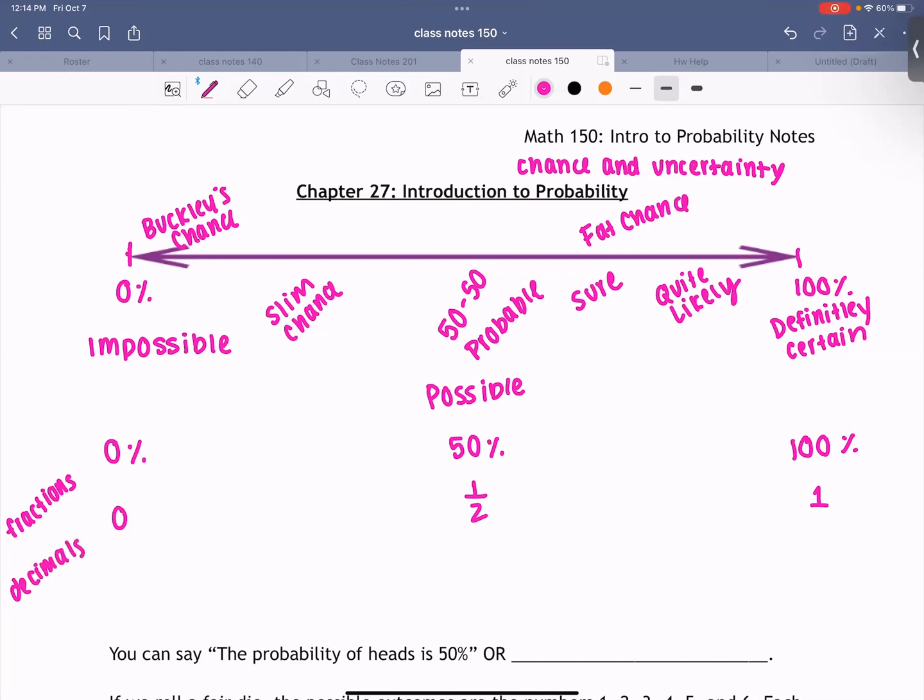What's 0 as a decimal? 0. What's a half as a decimal? 0.5 or 0.50. And 1 as a decimal is 1. Okay, so this is the terminology. Fractions and decimals is usually what we use for probability. Now we will use percentages sometimes, but usually we go in the fraction and decimal area.